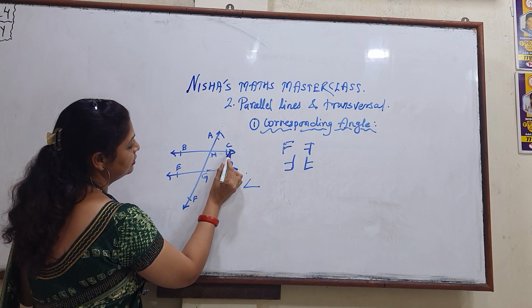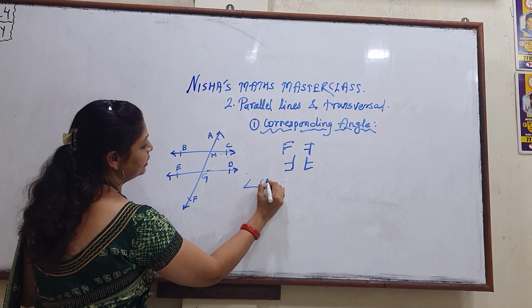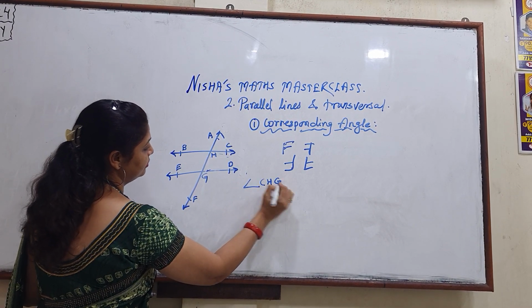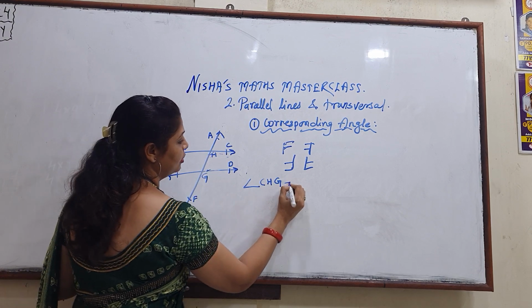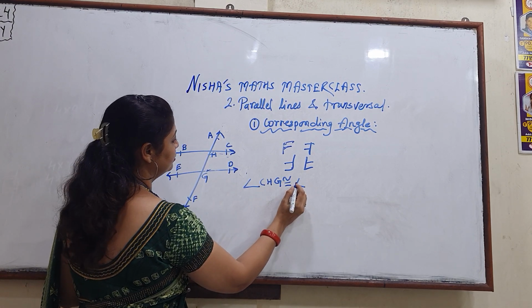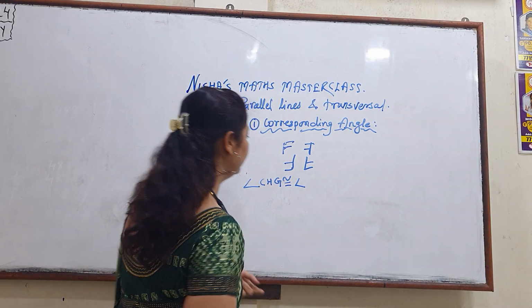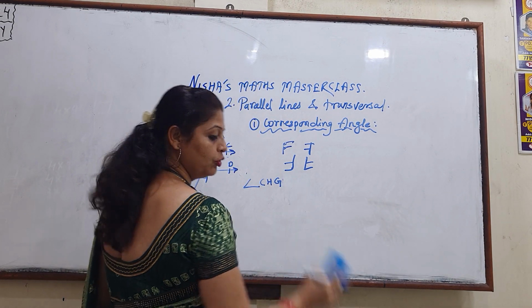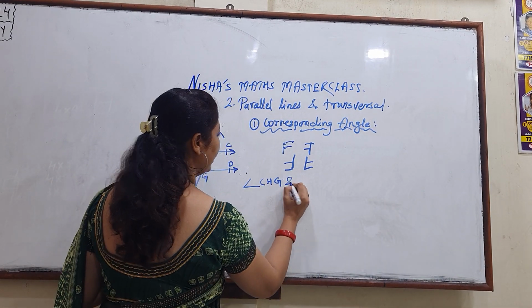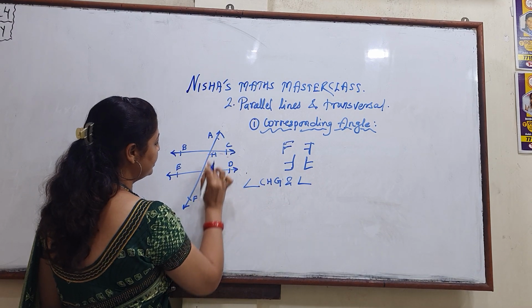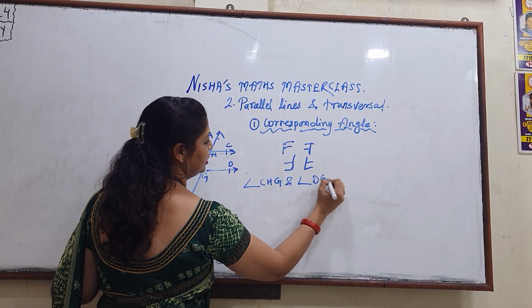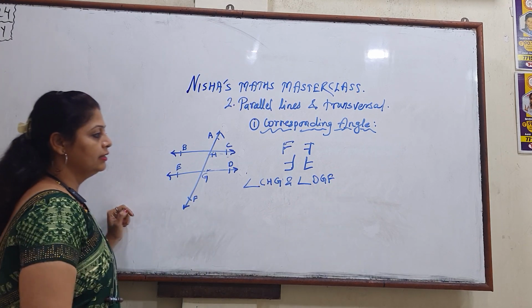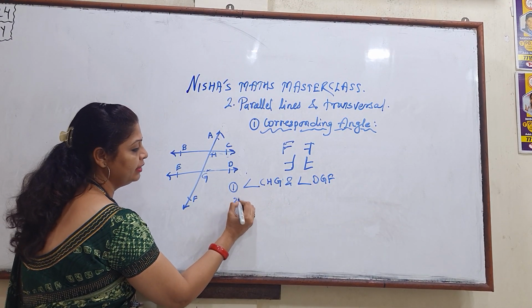Angle CHG is congruent, that is a property we have to learn afterwards. Now I want to write the pair: CHG with DGF. This is the first pair of corresponding angles.